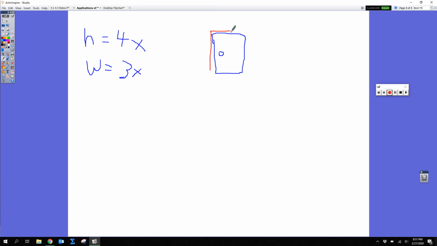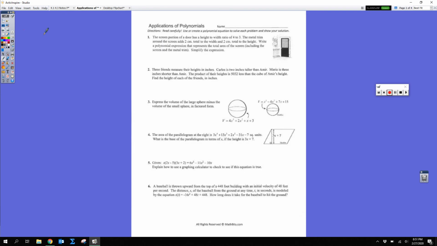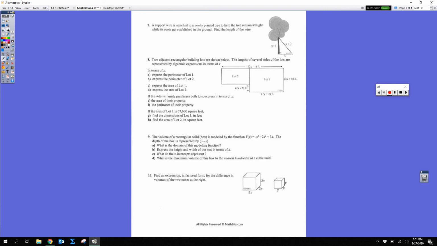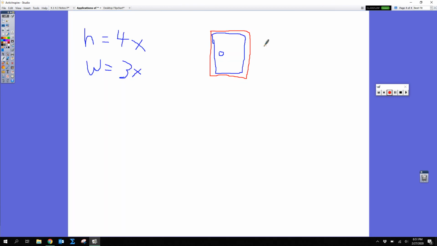Okay, so a trim is going all the way around it. And it says that it adds, let's go back and read that again, 2 centimeters total to the width and the height. And so it's saying we want an expression for the area of this entire door, including this trim that's all the way around it.